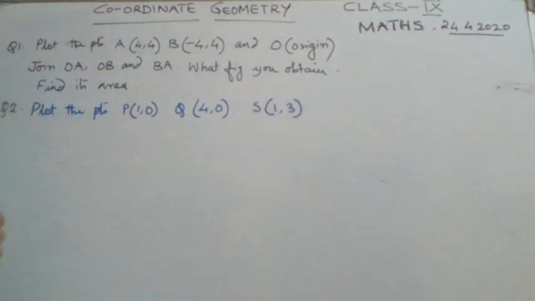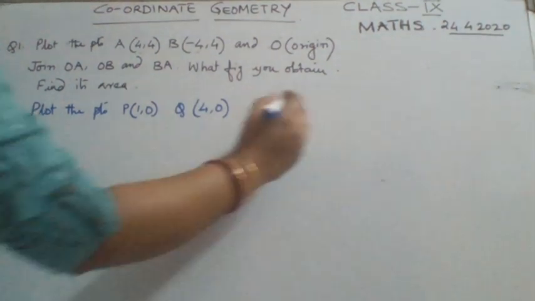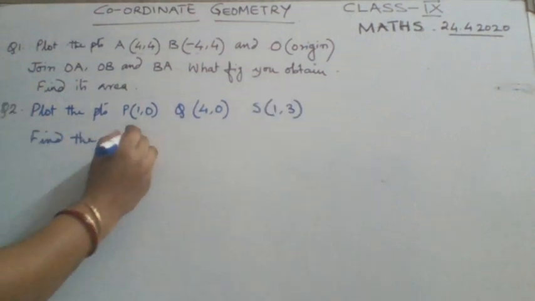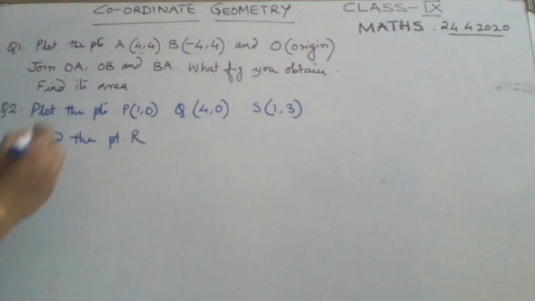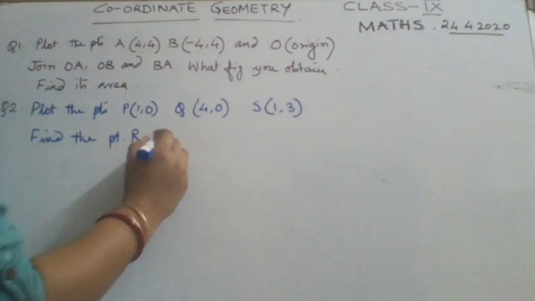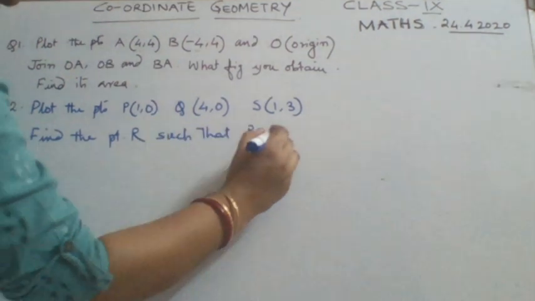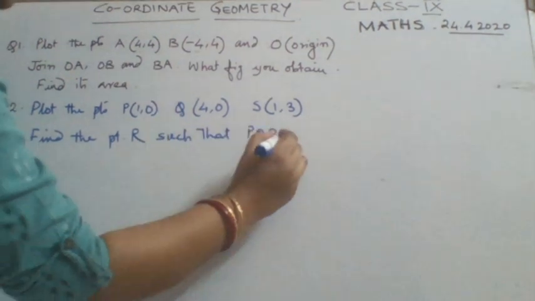Find the point R such that PQRS is a square.